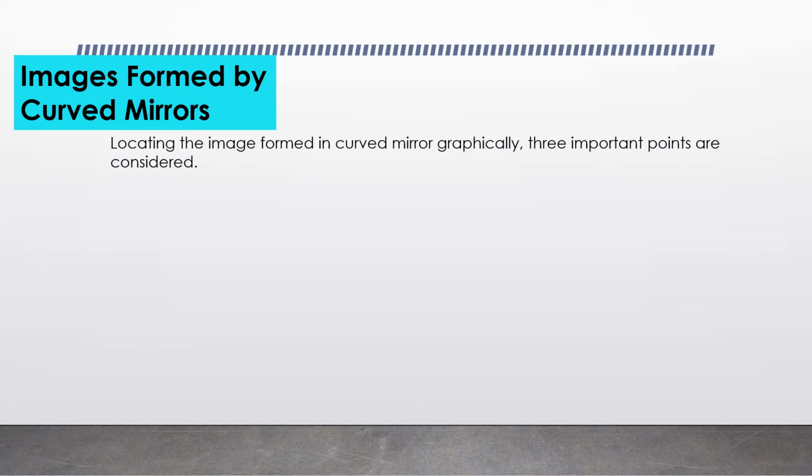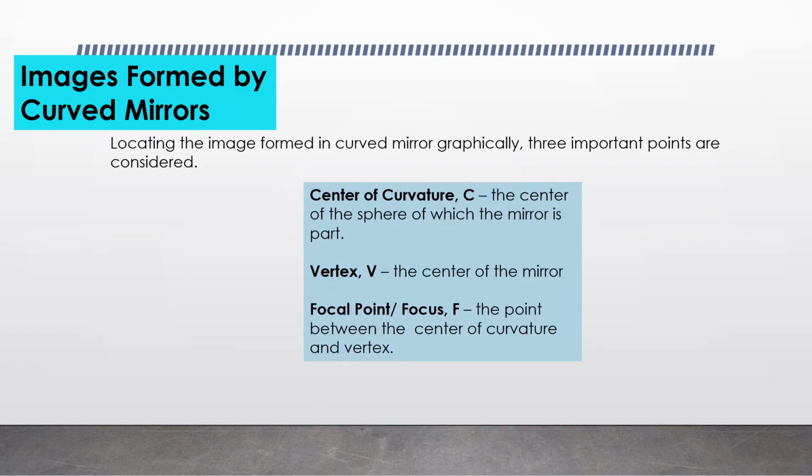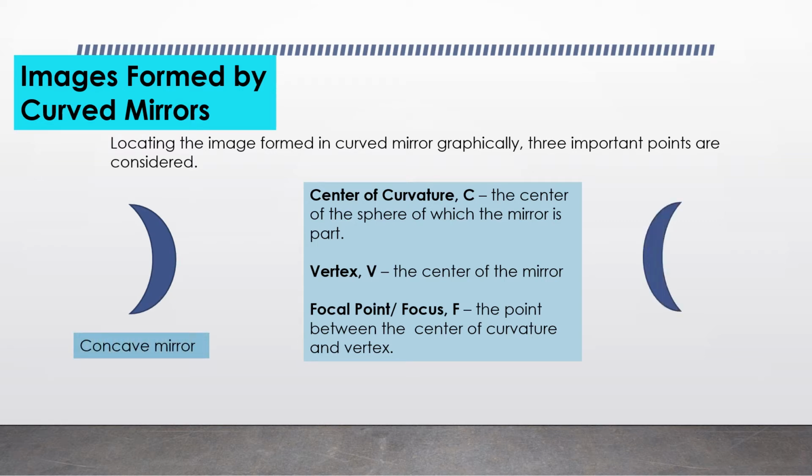In locating the images formed in curved mirror graphically, there are three important points to be considered. Okay. The center of curvature stands for letter C, the center of the sphere of which the mirror is part. For example, if that is a concave mirror, and that one is a convex mirror.